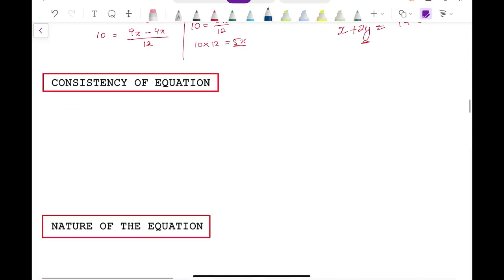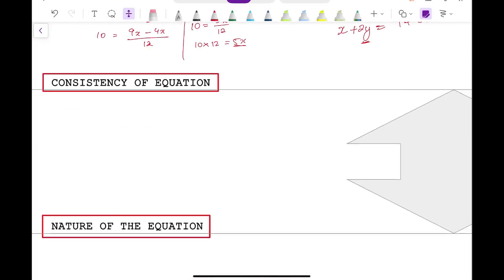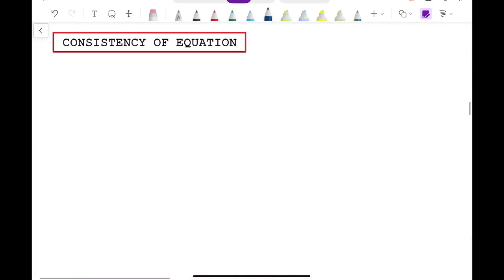Next, when we talk about consistency of equations, you will always be given two equations. I'll represent them like this: a1x plus b1y plus c1 is equal to 0, and a2x plus b2y plus c2 is equal to 0.